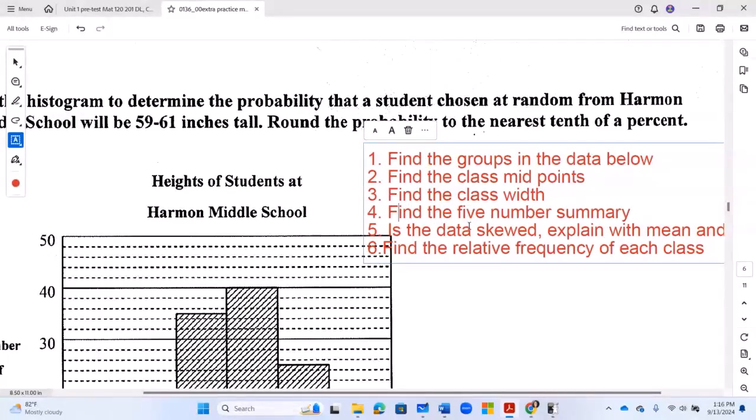Find the 5-number summary. So we're going to do that very soon. Find the classes. All right. The next thing is, is the data skewed? We have already answered that question. Find the relative frequency of each class.